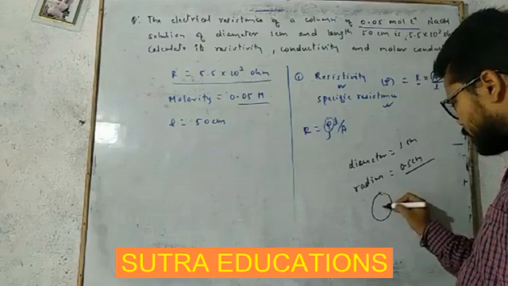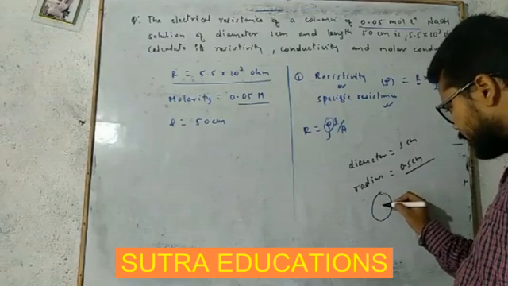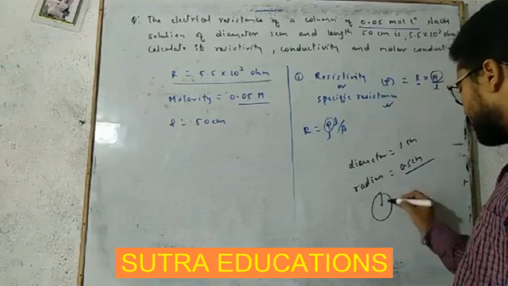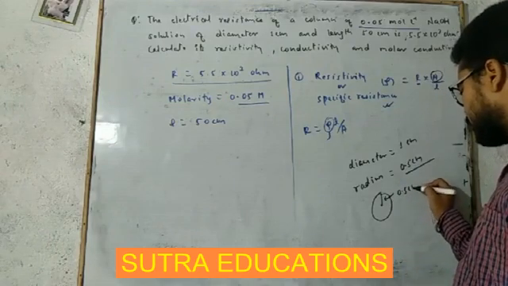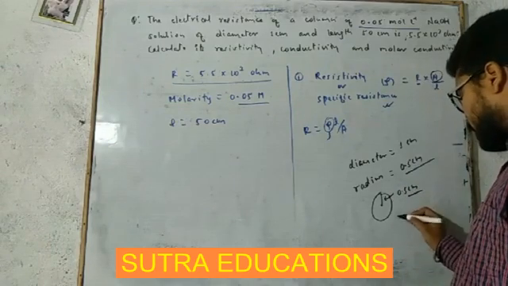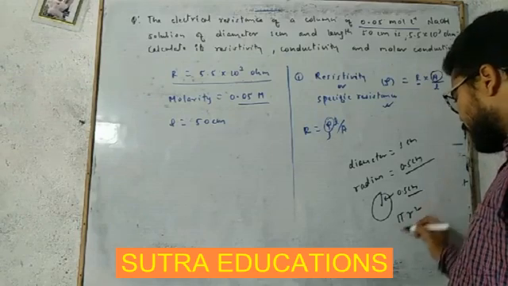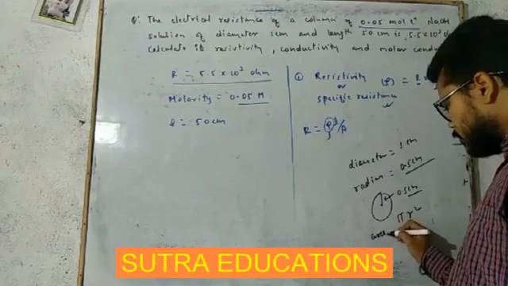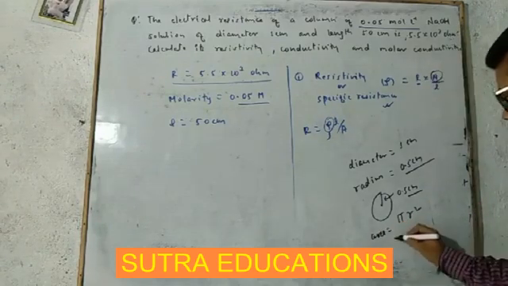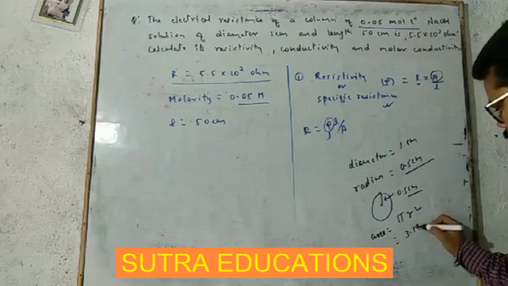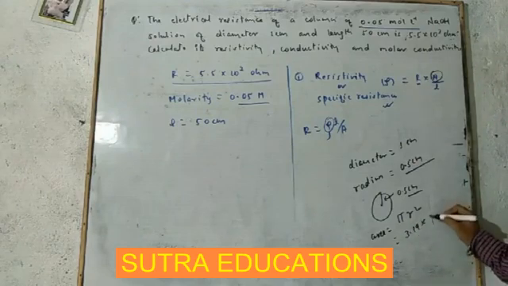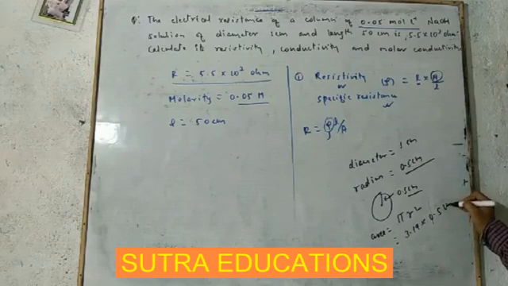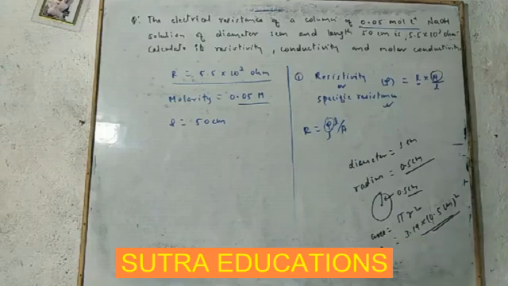Its area will be pi r square. Pi is 3.14 and r is 0.5 cm, squared. This is area A.